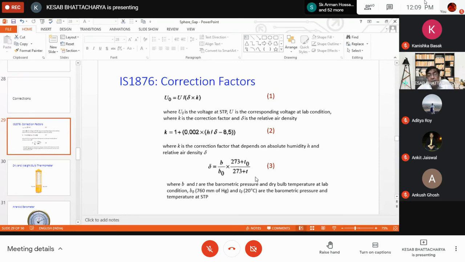Using this, we can find out delta, and K is calculated using this relationship. K is equal to 1 plus 0.002 into H by delta minus 8.5.